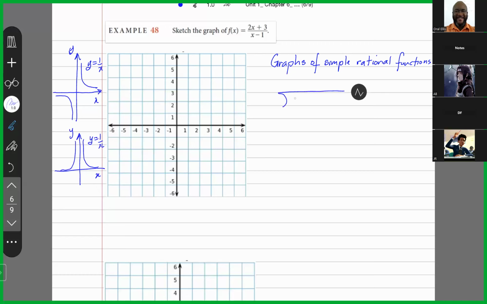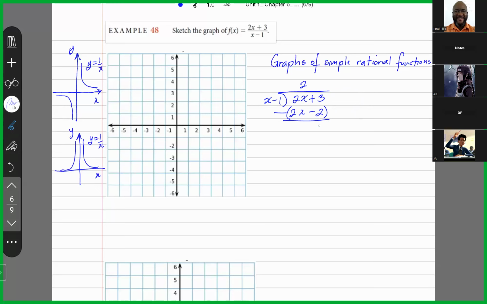We're going to divide the numerator, 2x plus 3, by the denominator, which is x minus 1. x goes into 2x 2 times. 2 times x is 2x. 2 times minus 1 is minus 2. So if I subtract, I get the 2x going, and 3 minus minus 2 is 5.